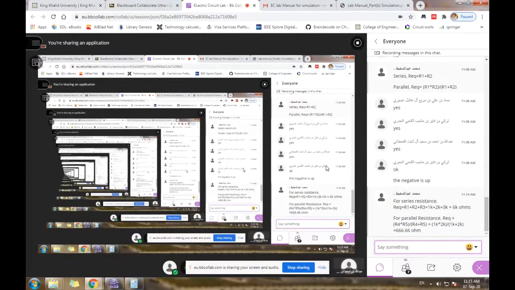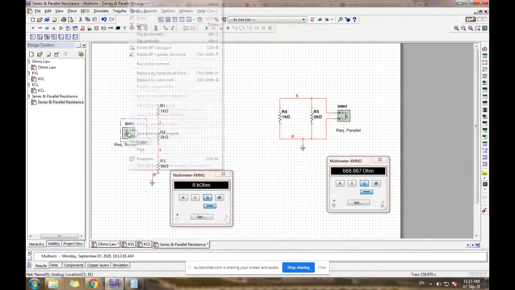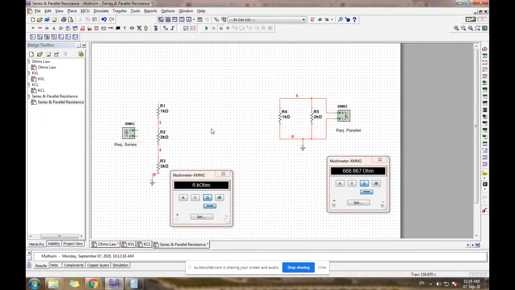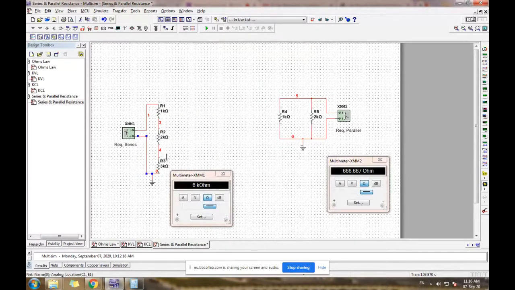Okay. Or else, our brother mentioned that the negative is up, right? So let me do it here. Suppose I change the negative as up. So now the negative is up. So if I make the connection as per this, and if I run this, what do you think?